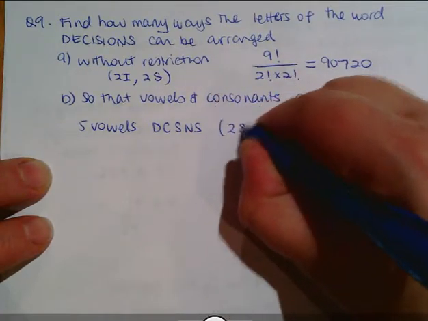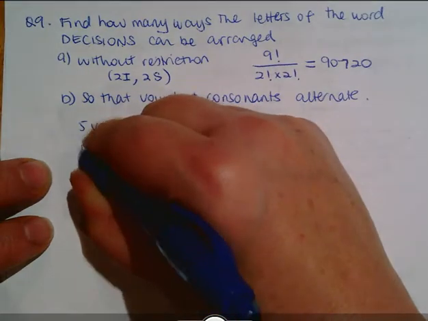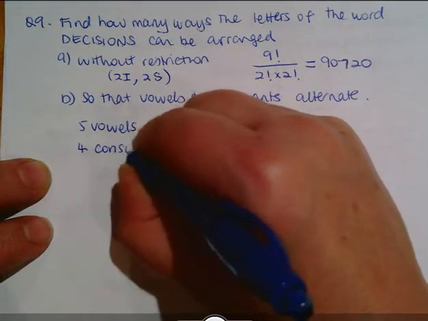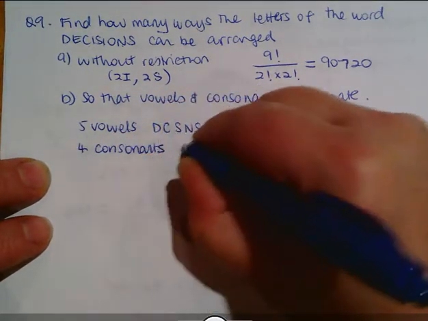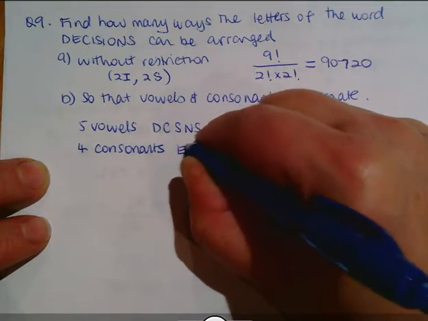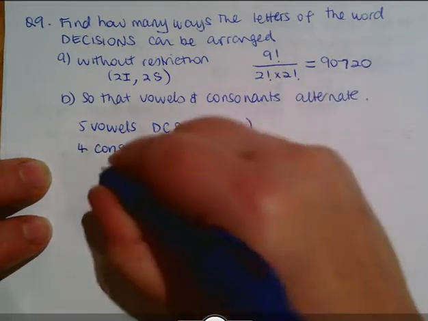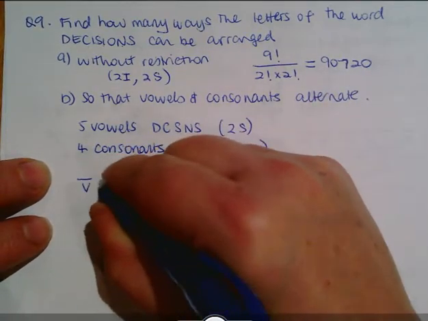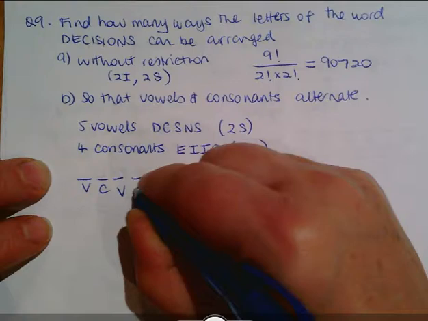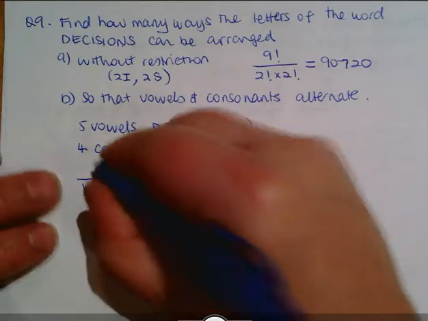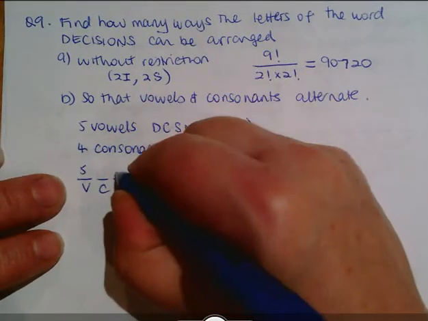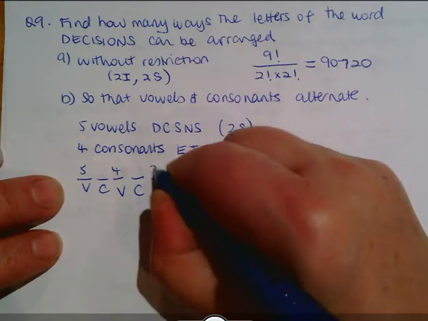In other words, we've got 2 S's that repeat, and there are 4 consonants, and we've got E, I, O, and we've got 2 I's in those. So if we want vowel, consonant, and so on, there are 5 choices for the first vowel, then 4, etc., then 3.